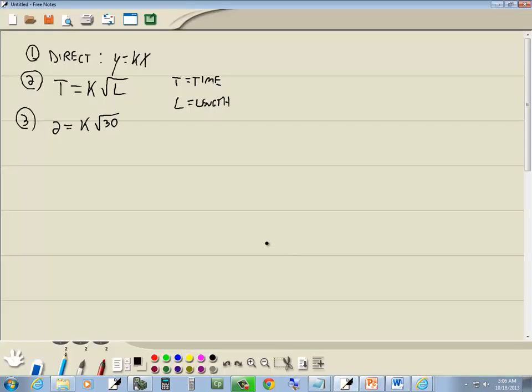Use it to find K. Well, I'm going to get K by itself, so I can divide both sides by square root of 30. And square root of 30 is canceled there. Now I could, if I wanted to, simplify that, but we're going to be plugging it into our calculator anyway, so I'll leave it in that form.